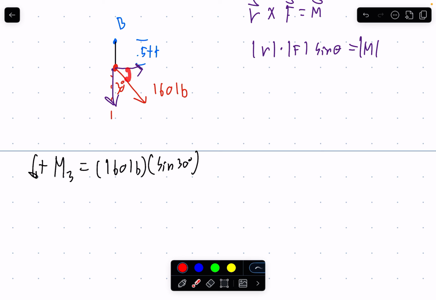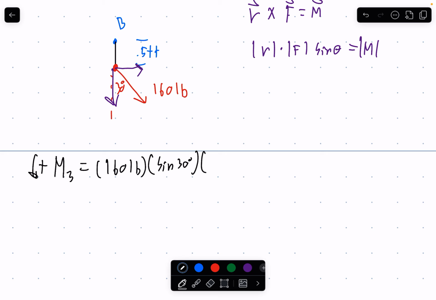We're given this 30 degrees right here, so we're going to be using the cosine function. No, sorry, sine function, because this is the opposite side of the triangle that we're finding. But if we had this other angle, then we could use the cosine function, because then it would be adjacent, the x component.